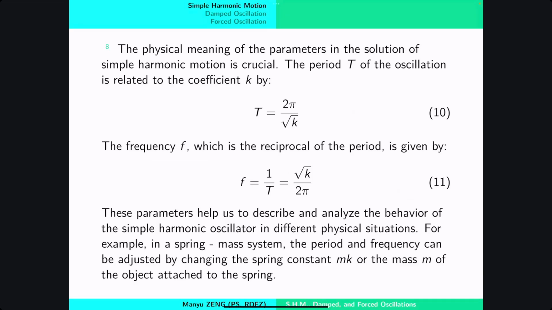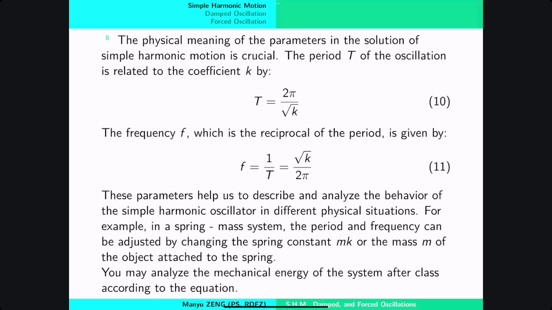Actually, it is just affected by k, but k alone doesn't have a physical meaning, so the quantities that have physical meaning are the spring constant and the mass m of the object attached to the spring. So we can adjust the spring constant and m to adjust the frequency and period, but we cannot adjust the frequency and period by shifting the initial condition.